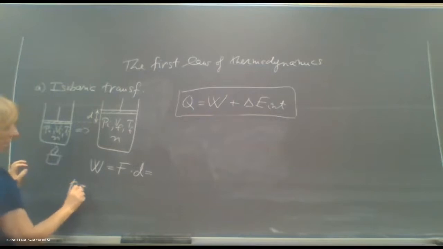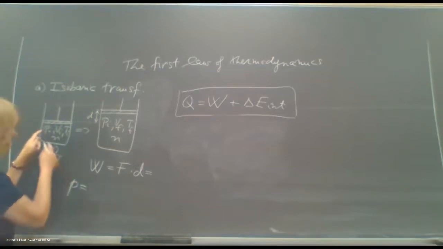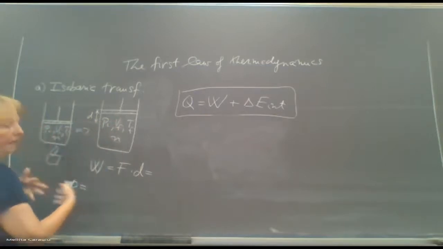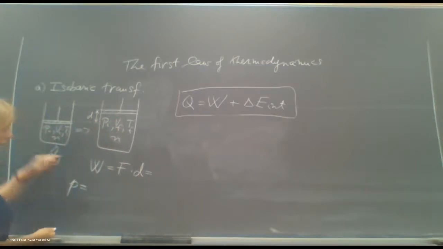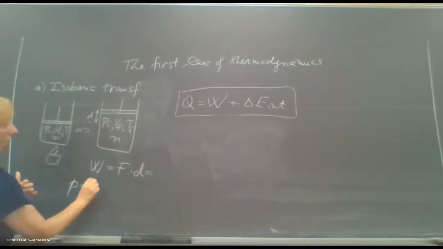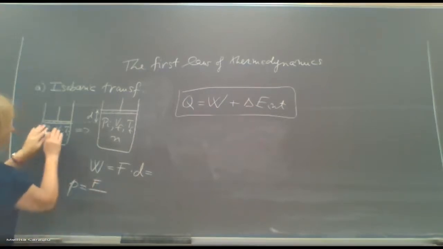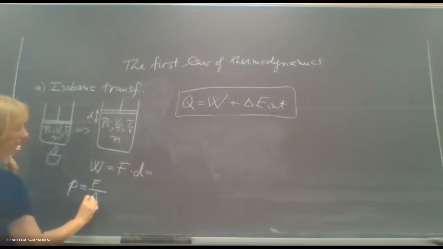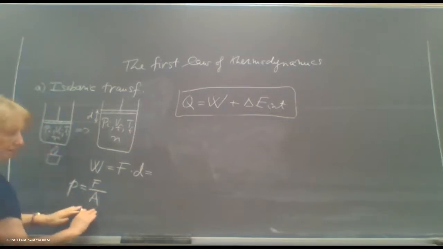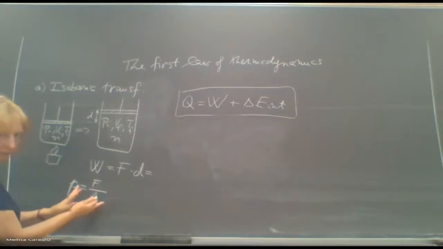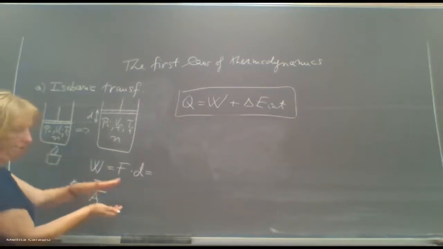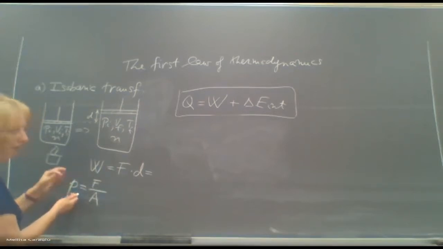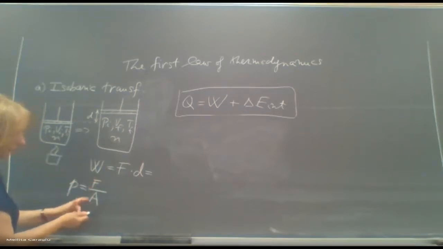Well, I know that the pressure, which I wrote as P initial, but actually is the same pressure, right? It does not change. So the pressure equals force exerted on my piston divided by the area of the piston itself. So that was the definition of pressure, force that acts upon an area divided by the area. And that's the reason why pressure is measured in newtons per meter squared.